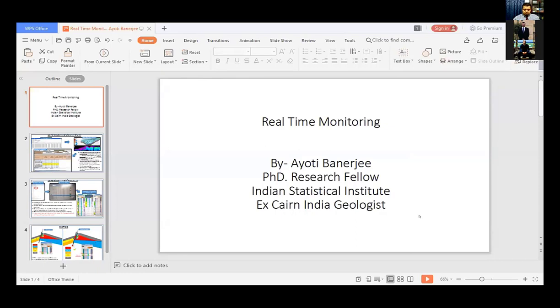Real-time monitoring is a very important, integral part of delivering a successful well, even if we are drilling an exploratory well, or a horizontal well, or a vertical and deviated well in a field where we already have a lot of drilling data.